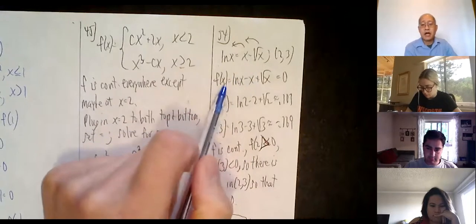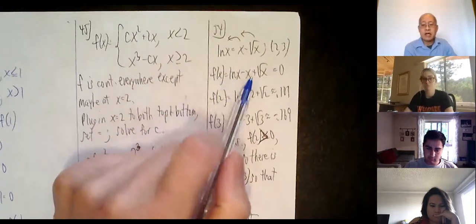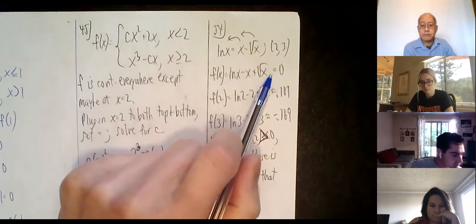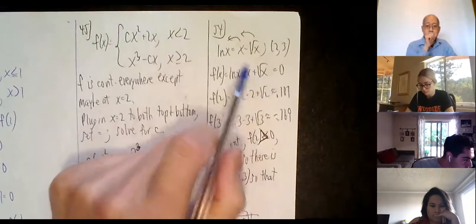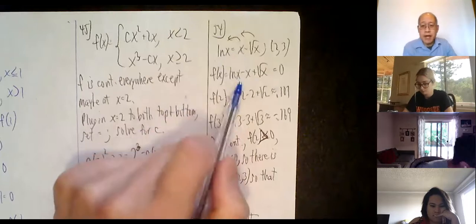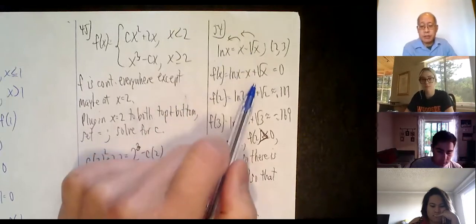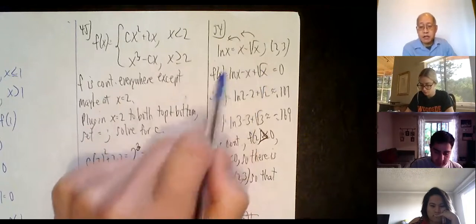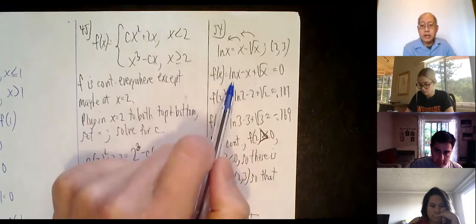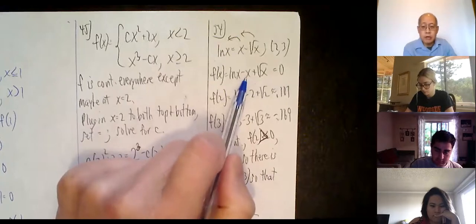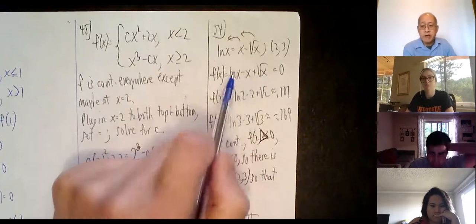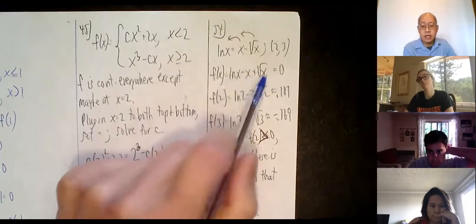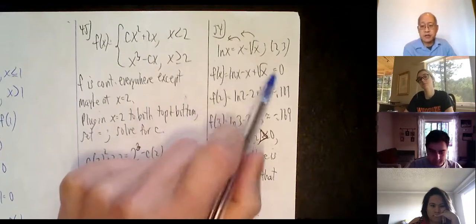Okay, so it looks like this. f of x equals ln x minus x plus radical x equals 0. Okay, so I moved x, that becomes a negative. I moved the negative radical, it becomes positive. Okay. Is this a continuous function? Well, we know logs are continuous, polynomials are continuous, square roots are continuous. If I add or subtract continuous functions, it's continuous. So yes, this is a continuous function.